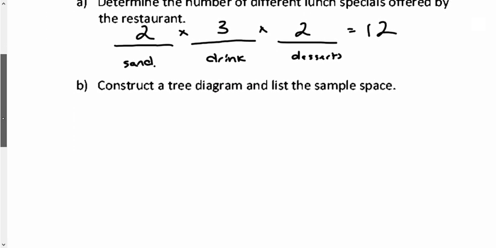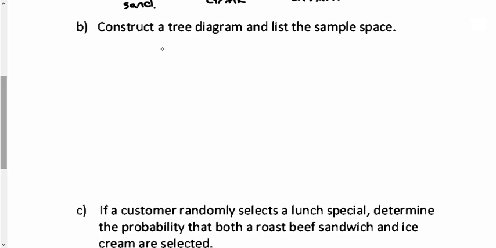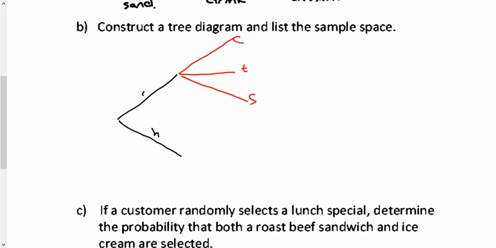Now, if we were going to make a tree diagram for this, I'm going to start out with either roast beef or ham. After that, we're going to go coffee, tea, or soda. So we have coffee, tea, and soda, and the same thing here, coffee, tea, and soda.